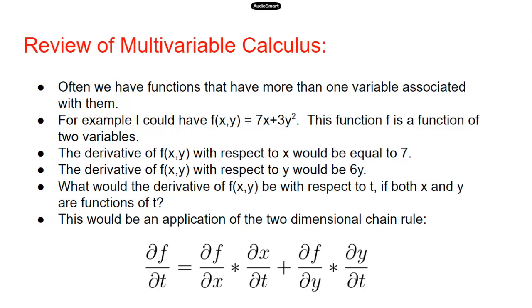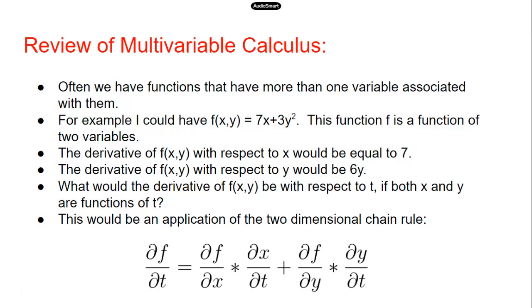But maybe x and y are a function of some other variable like t, maybe time, and we want to differentiate f with respect to time. So we need to use the two-dimensional chain rule.